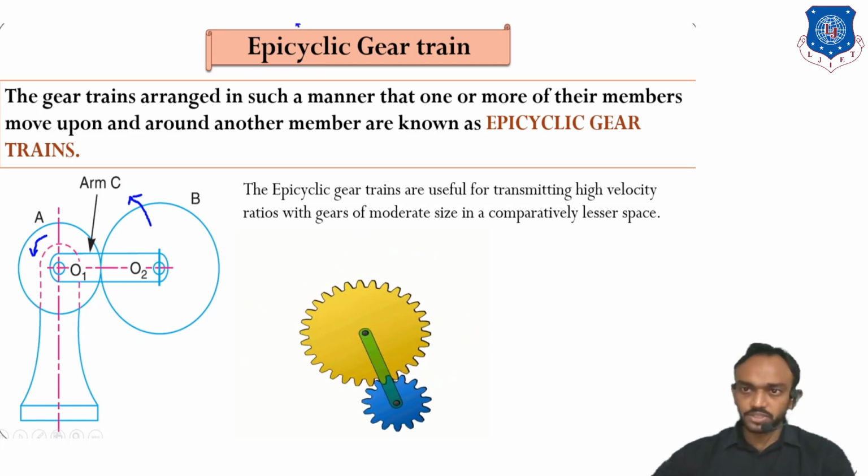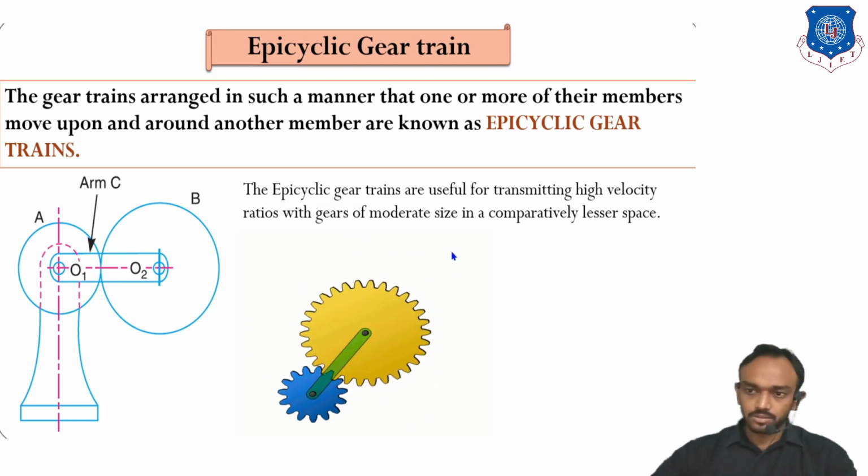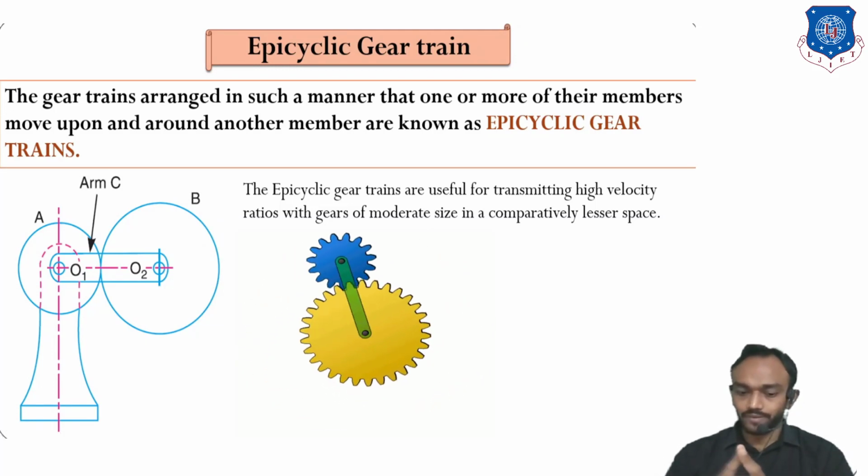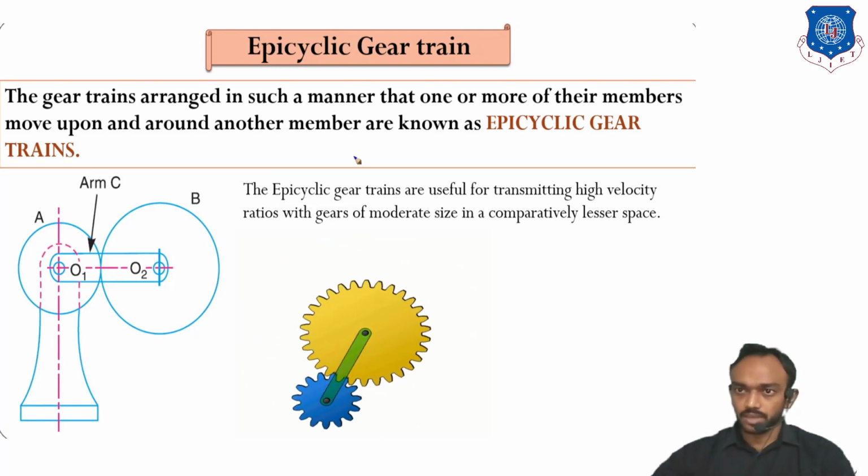So the method will be changed here. If the RPM of this gear is N1 and we want to find N2, what will be the procedure? In this case there will be an RPM of the arm also. This arm is also revolving.